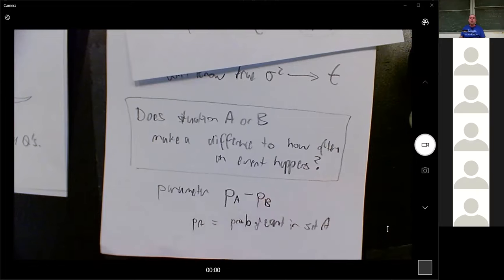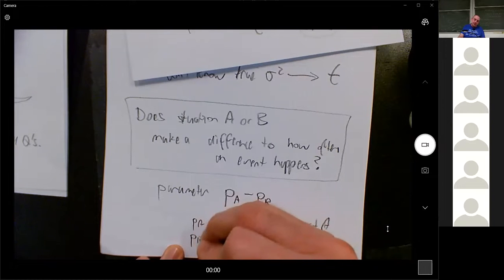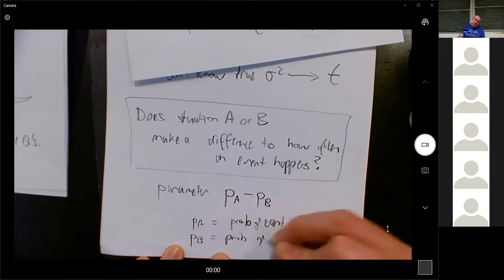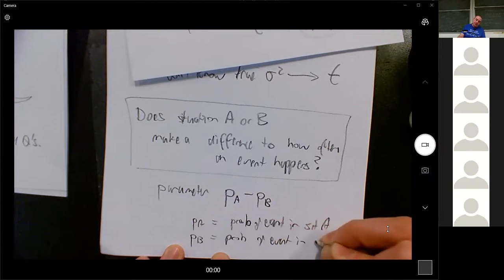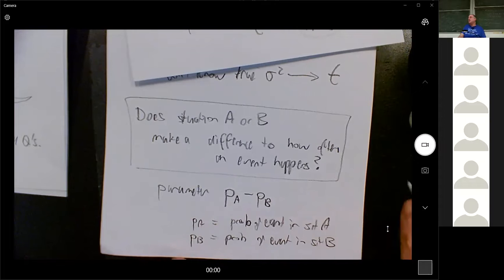It's either probability or the proportion. Proportion is a fancy word for percentage, but as a decimal, basically. And PB is the same in situation B. And I believe your notes call it the two proportions test.